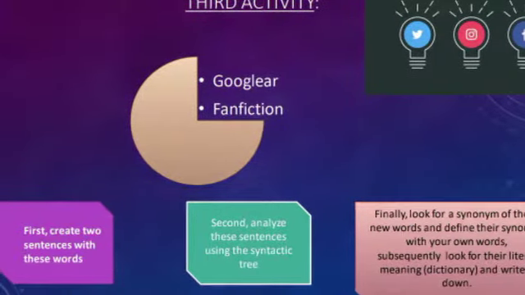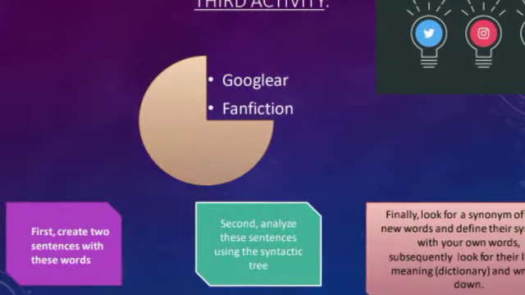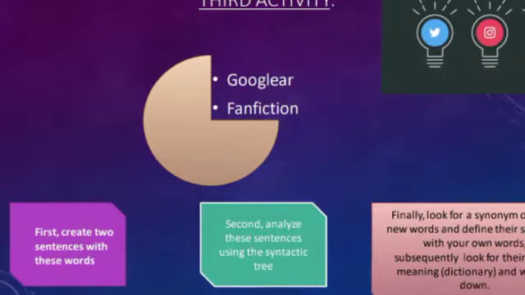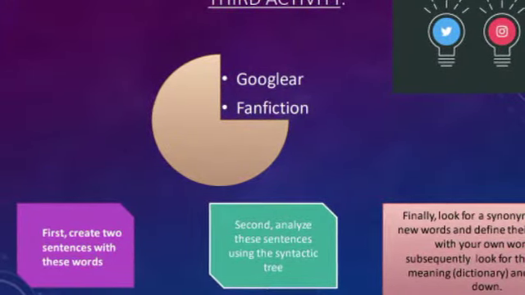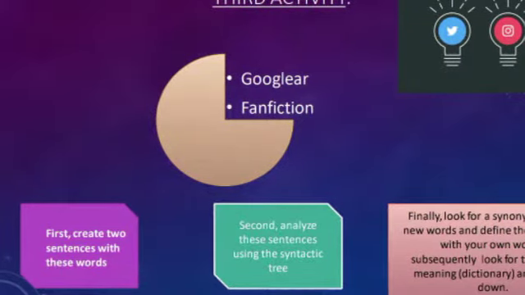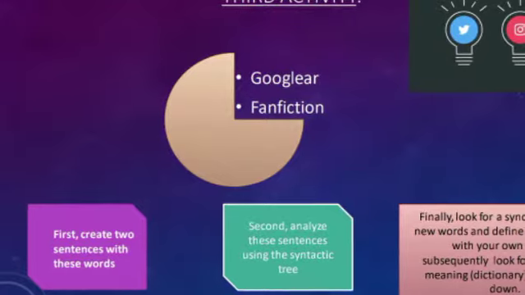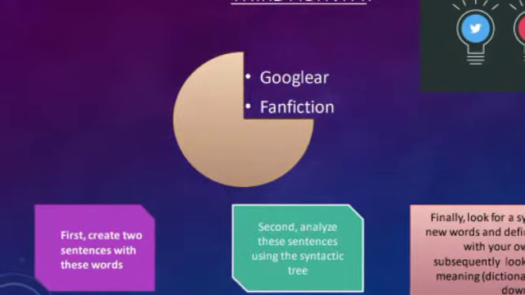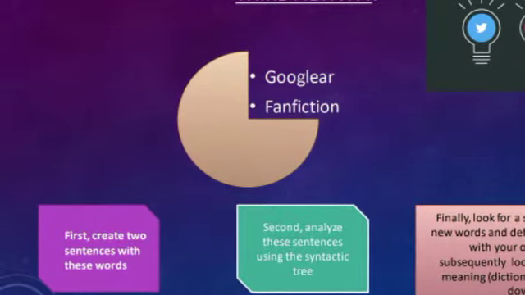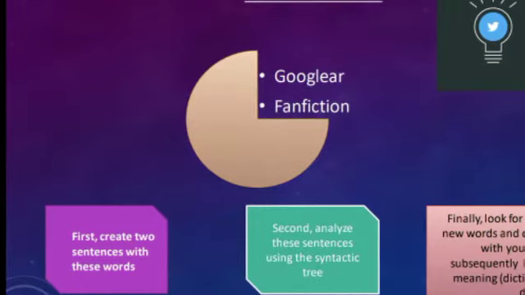After this, students should look for a synonym of these new words and define the synonym that they are going to find in their own words. Subsequently, they will look for its literal meaning in the dictionary and they will write it down. This activity represents the use of the associative meaning and the conceptual meaning.